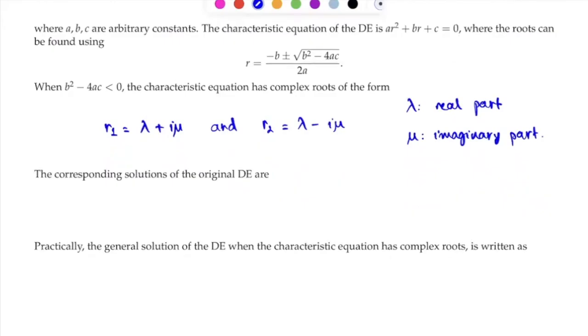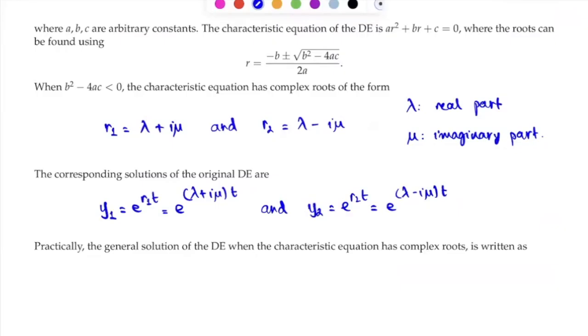So the corresponding solutions to the original differential equation are y1 equal to e to the r1 t, or e to the lambda plus i times mu t, and y2 equal to e to the r2 t, or e to the lambda minus i mu times t. Okay.